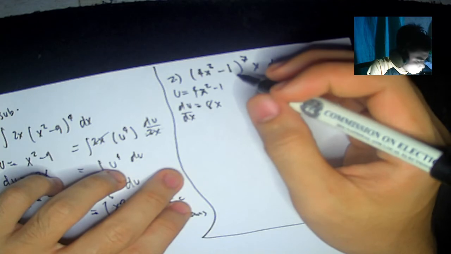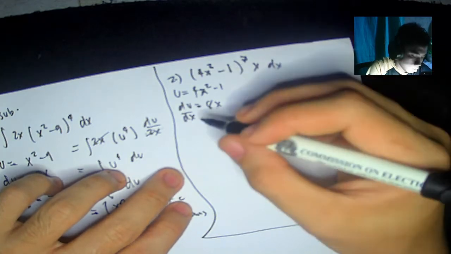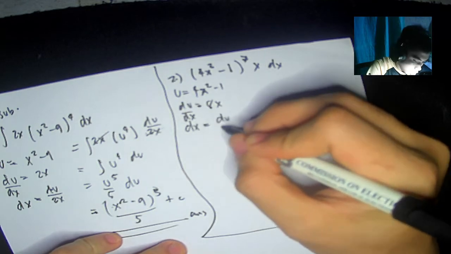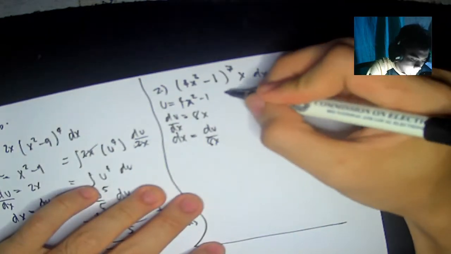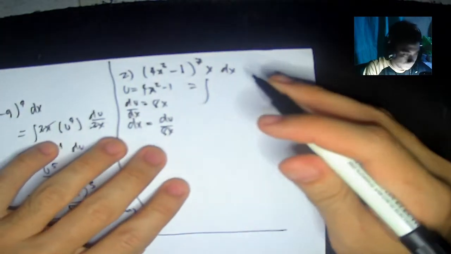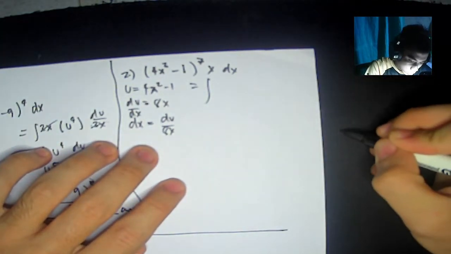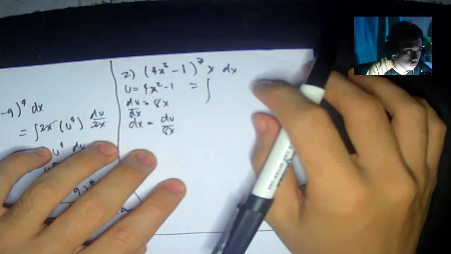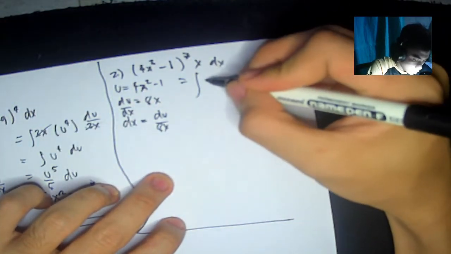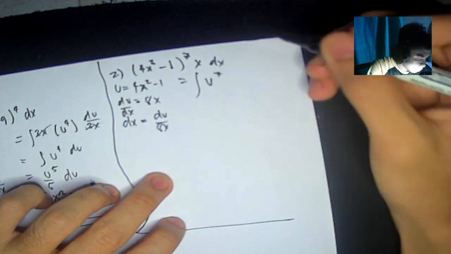Our dx is equal to du over 8x. So let's integrate. What we'll have here is u to the 7th.